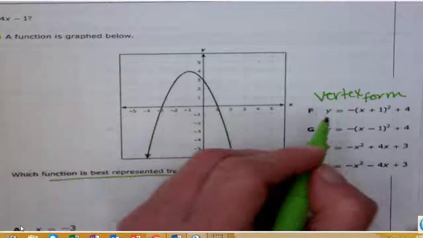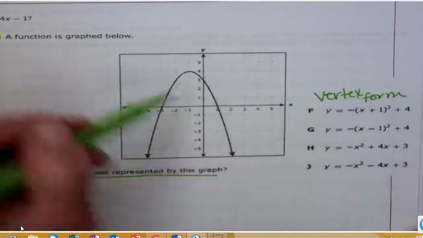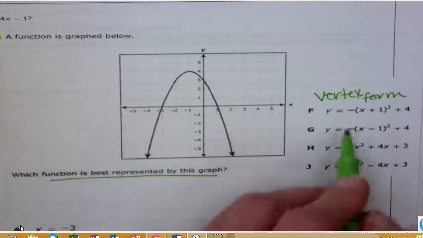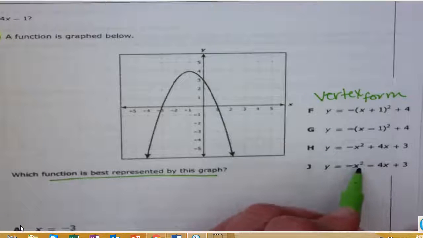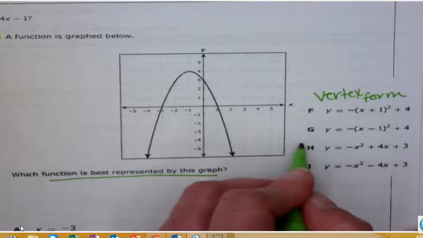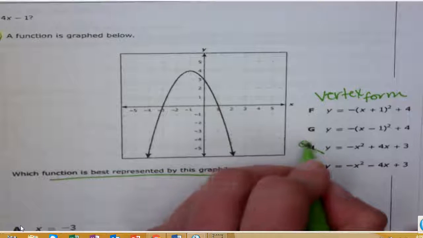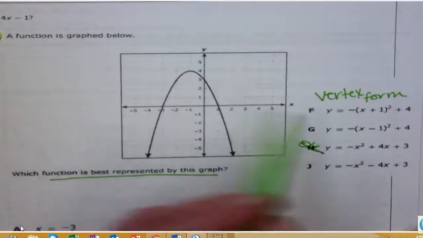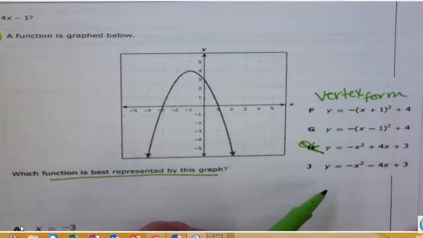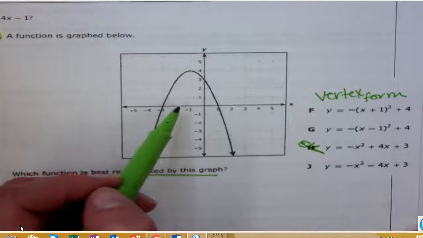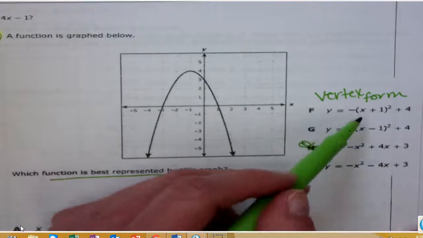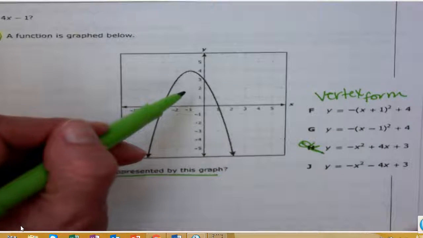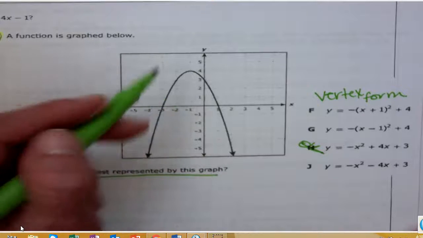So, we know that they're all going to be negative because it's facing down, but we see that these two are not in vertex form. But we can do a few things. You can plug all of these in your calculator and see if you get this same graph. That's one way to do it. Plug every single equation into your calculator just as it is and see which one matches this one.